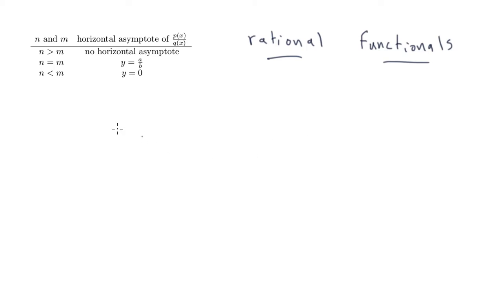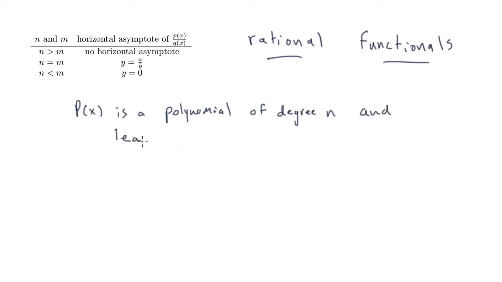Okay, so first of all, just let me note that p of x is a polynomial of degree n and leading coefficient a.